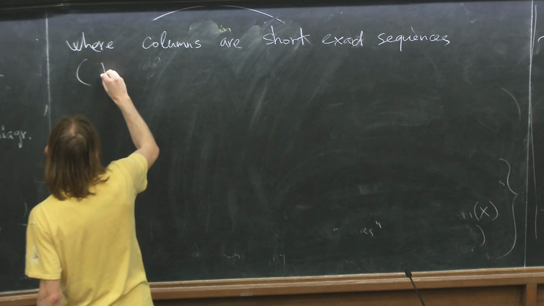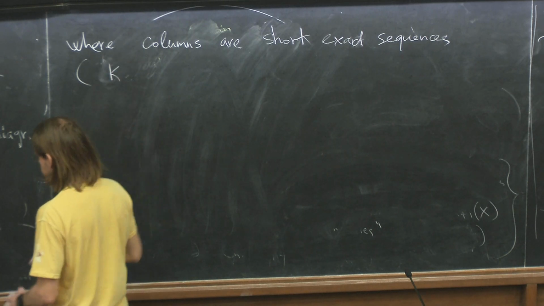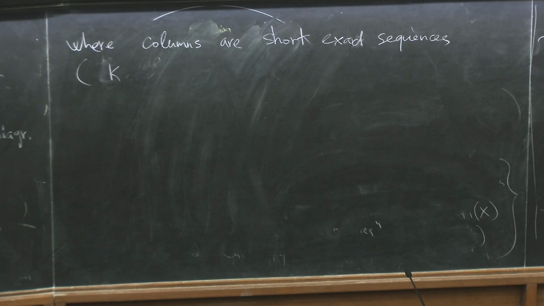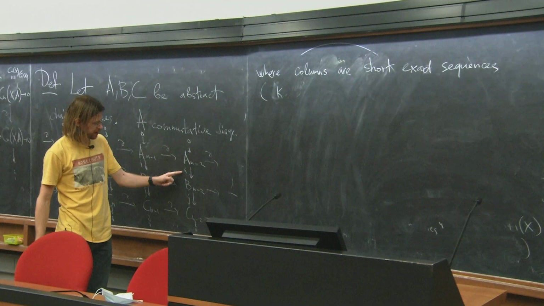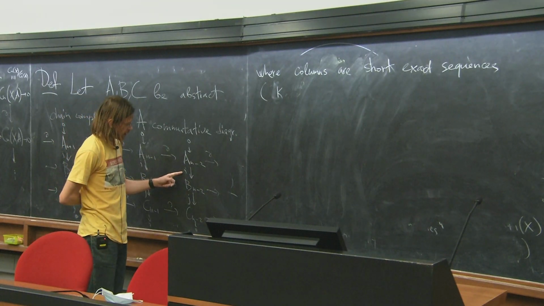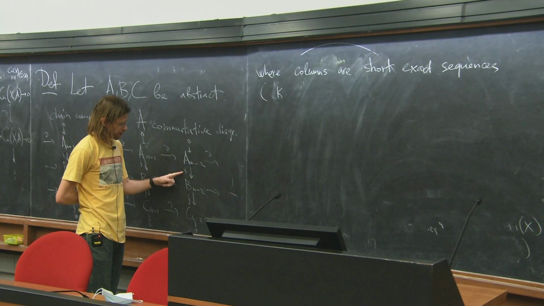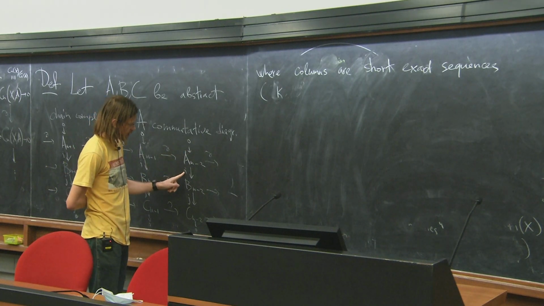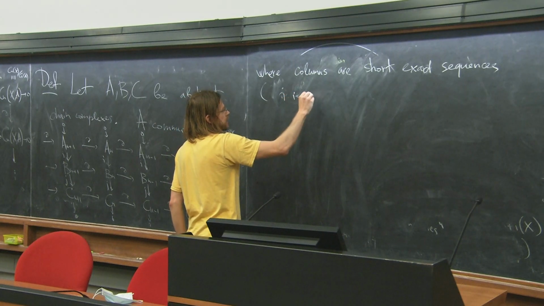Let me remind you what the definition of a short exact sequence is. It's short exact in this part, meaning that the kernel of this map should be the same as the image of the previous map, which is trivial here. So the kernel is trivial, meaning that I is injective.